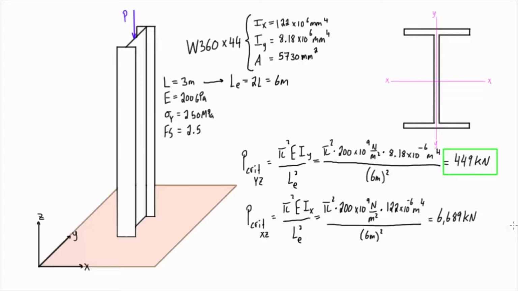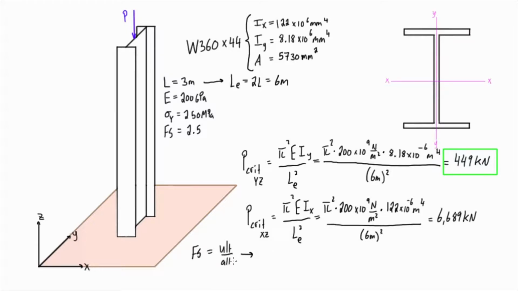Now, if we do want to figure out what our allowable load is, if you're given a factor of safety, then all we have to do is say that our factor of safety is equal to our ultimate load over our allowable load.